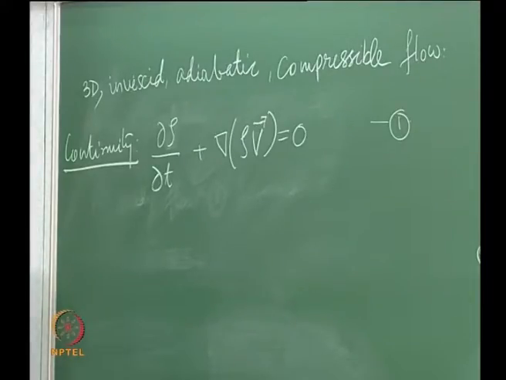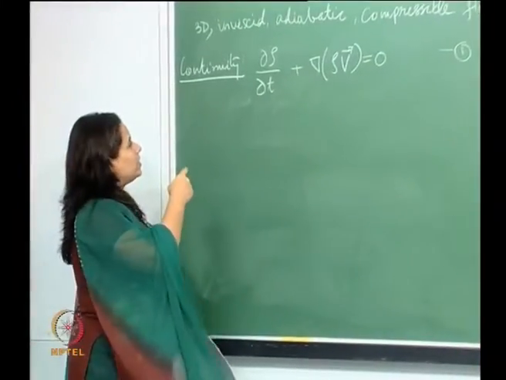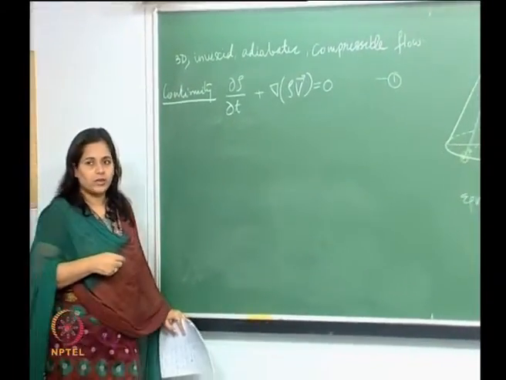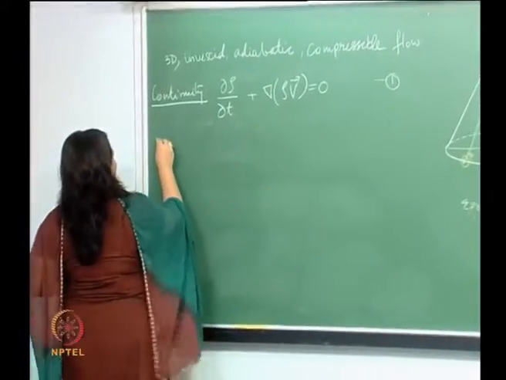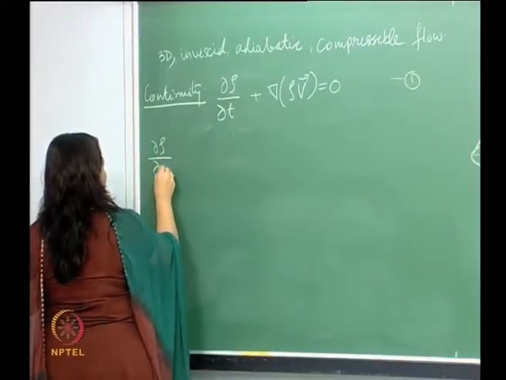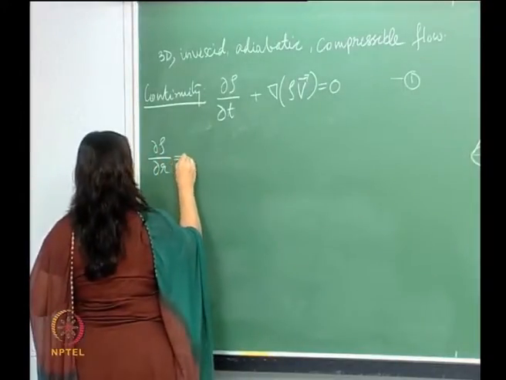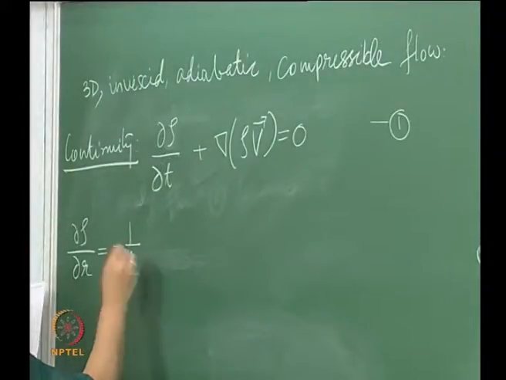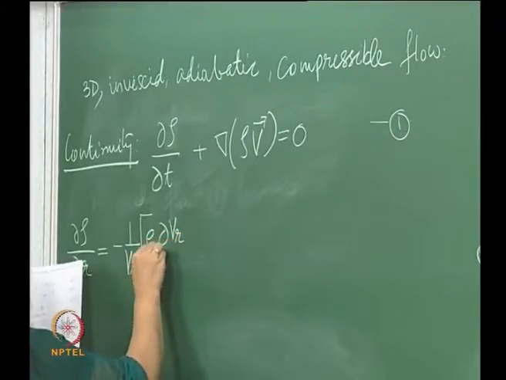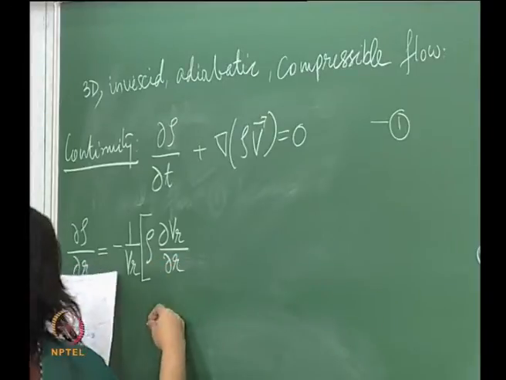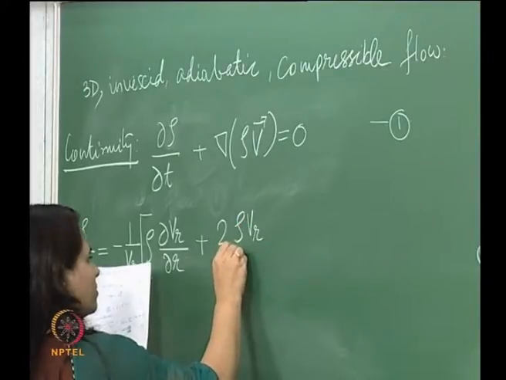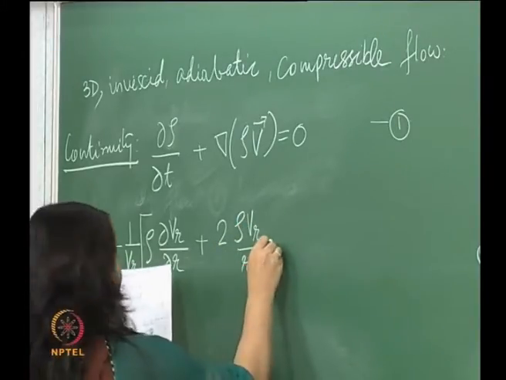The way I will write this is all the changes in terms of the change in the radial direction. I will write all properties like that.